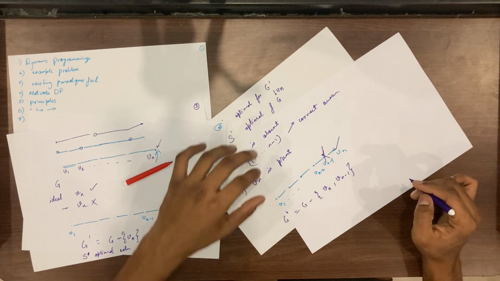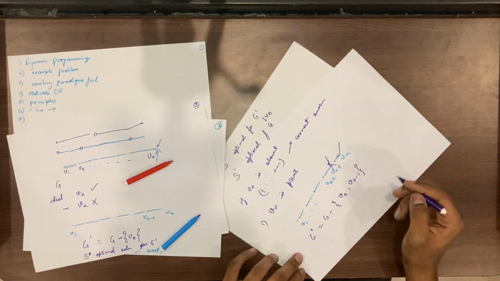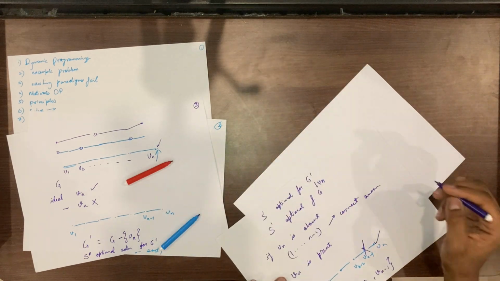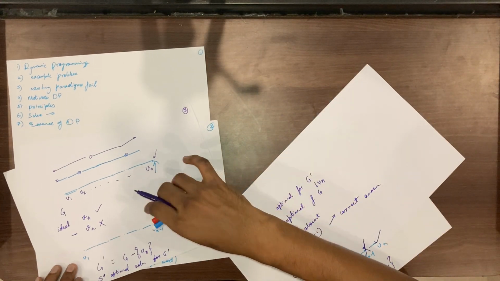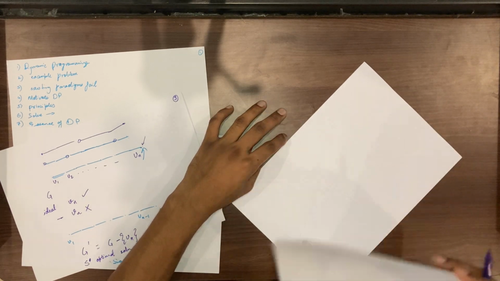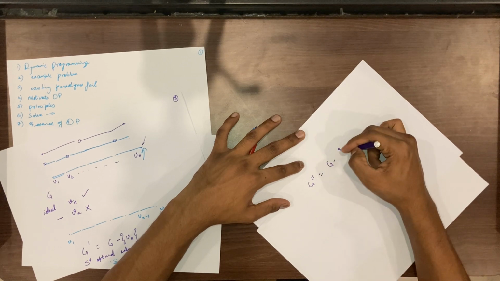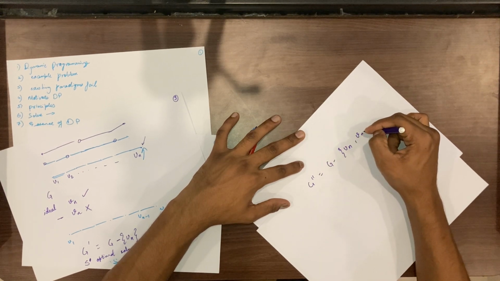My next claim is going to be, let me just rewrite it, G double prime is G minus Vn and Vn minus 1.